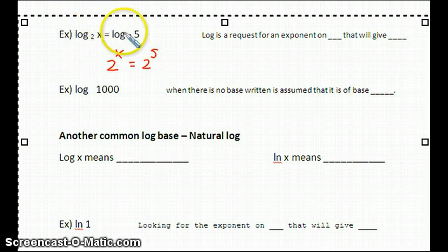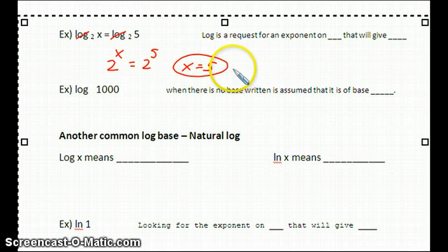In other words, when you have logs like this, where a log base 2 of some number is equal to log base 2 of some other number, then you can just get rid of these logs. Since they're the same base, you can set these equal to each other, and you would end up with 5 as the answer. So we don't really need to fill this one out because it was a little bit different. So we'll just cross that off.